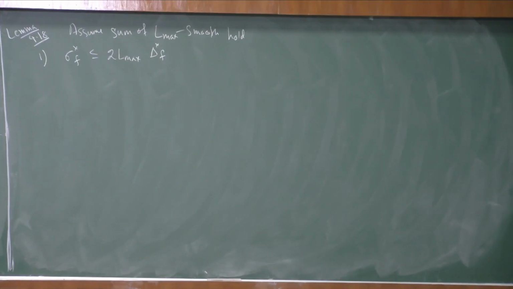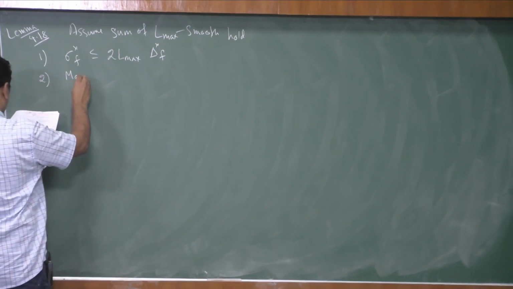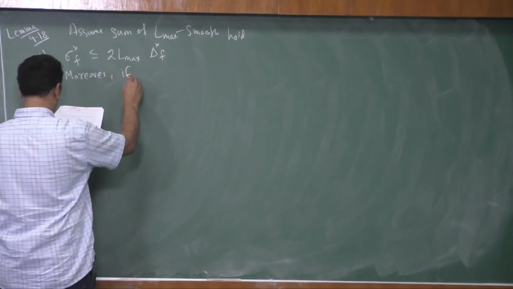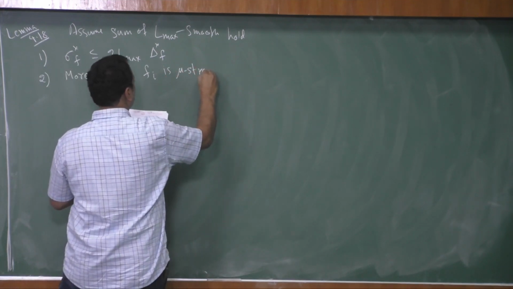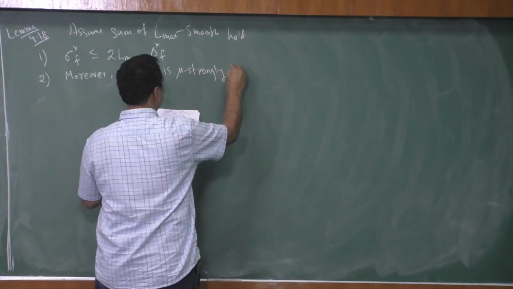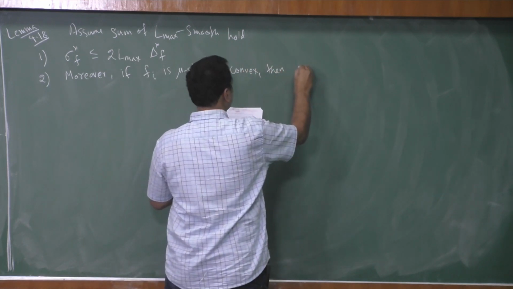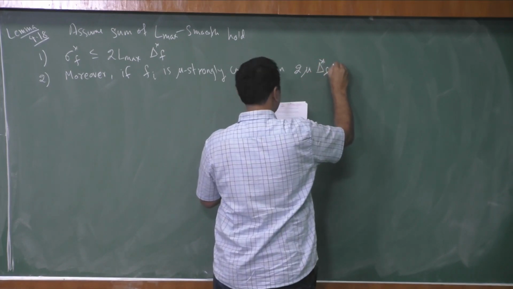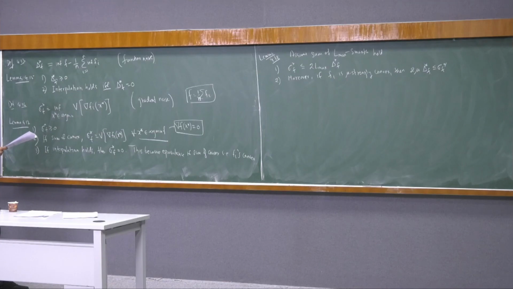So that's the first result, and the second result is, moreover, if Fi is mu strongly convex, then 2 mu delta star F is less than or equal to sigma star F. Okay, so this is how these delta and sigma are related.